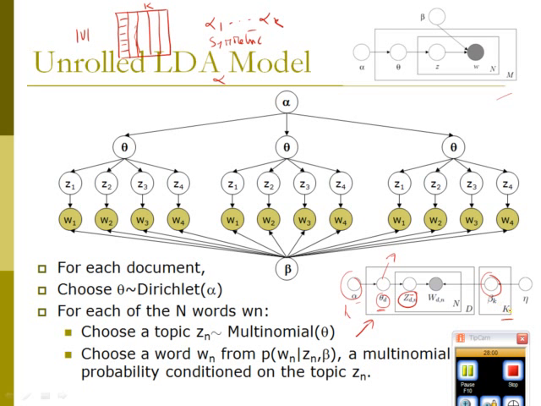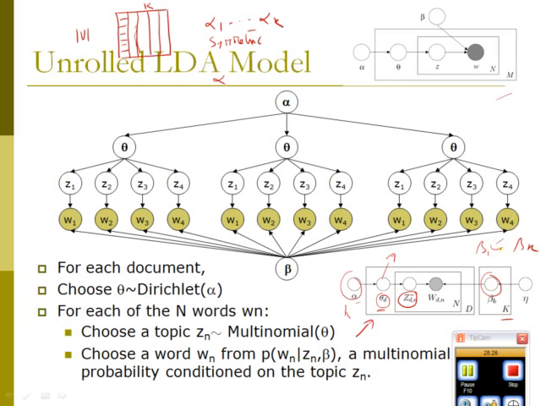The topics are beta 1 to beta k, and each of the topics is represented by a multinomial distribution. Just like here you had theta, here you have beta 1 to beta k, and each of these is a multinomial distribution over the entire vocabulary.